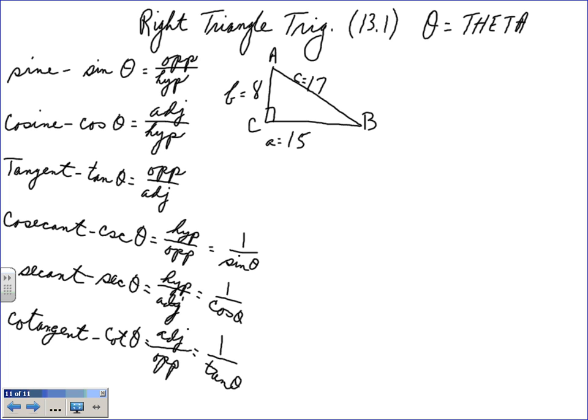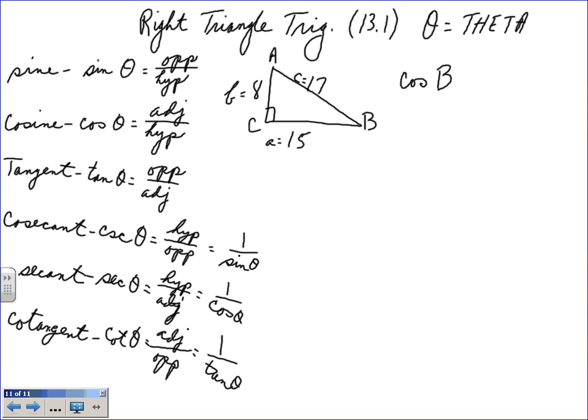All right. So you might get a problem like this that says find the value of cosine of B. Give an exact answer, and a value rounded to the nearest 10 thousandths. Scotty, 10 thousandths. How many decimal places?